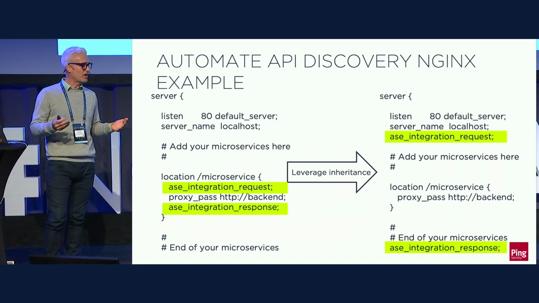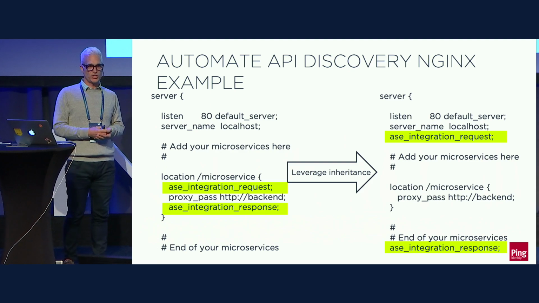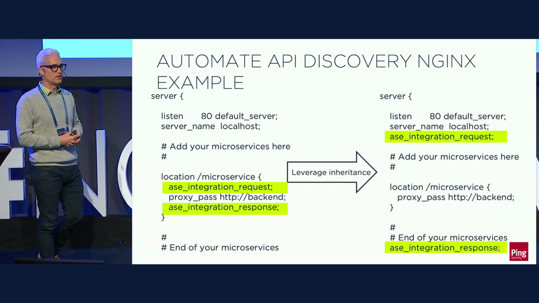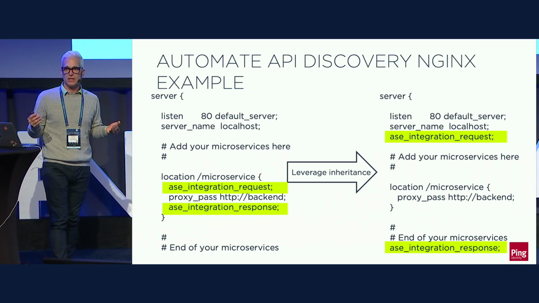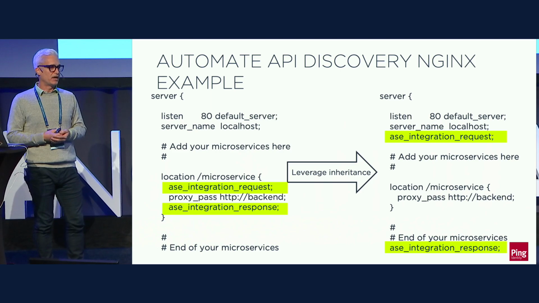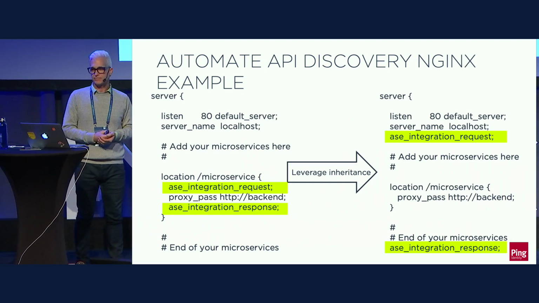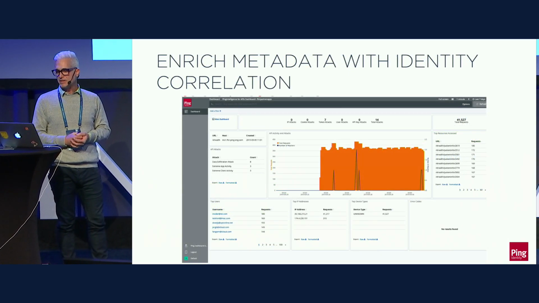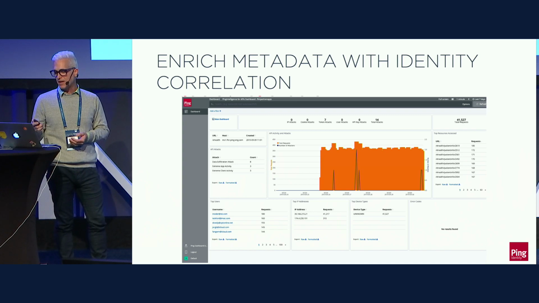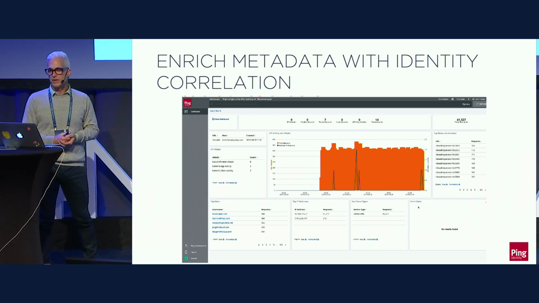If you're using an API gateway, the analog would be, instead of attaching that integration into the service level policy, to use Layer 7 language, which is what I'm most familiar with, you would attach it to a global policy, which indiscriminately is going to pull that metadata for you and feed it to that data lake. And here's an example of enriching your metadata with identity correlation, which is something that we started doing with Ping Intelligence for APIs starting in version 4.